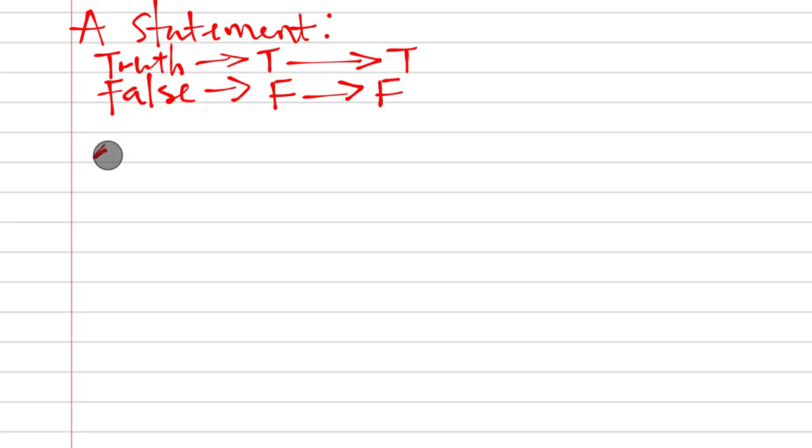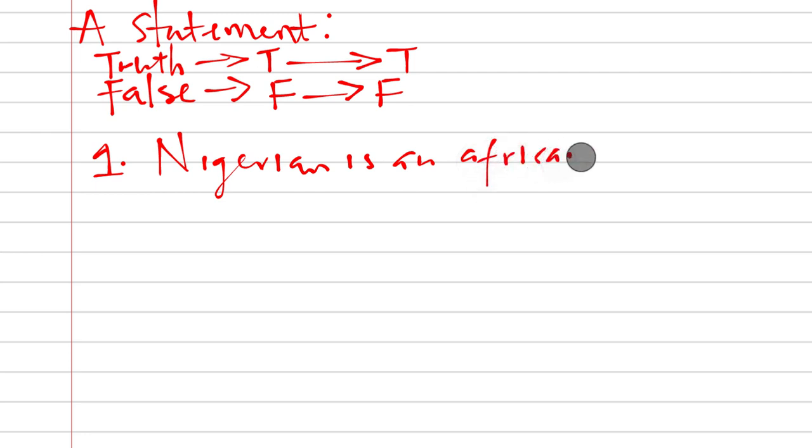Number one, if I say that Nigeria is an African country. Now look at this statement. Now you know that this is a statement.